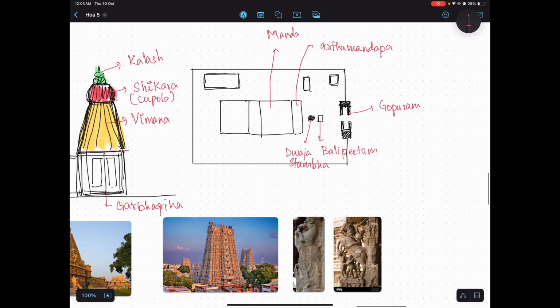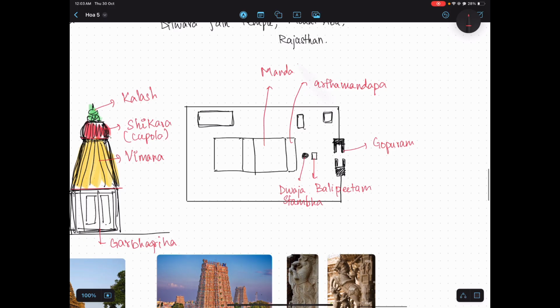Mandapa, or sometimes it's even called Mahamandapa. So Mandapa, Antrala, and Garbhagriha.